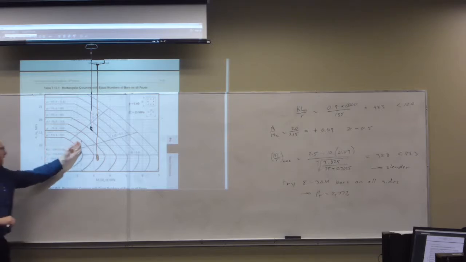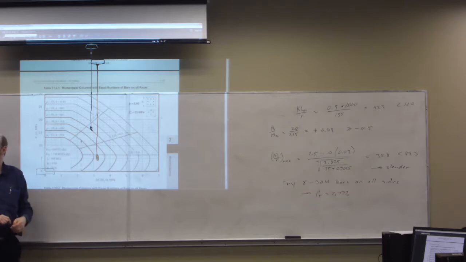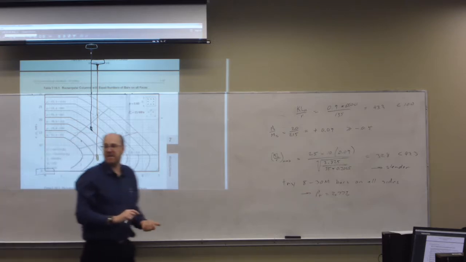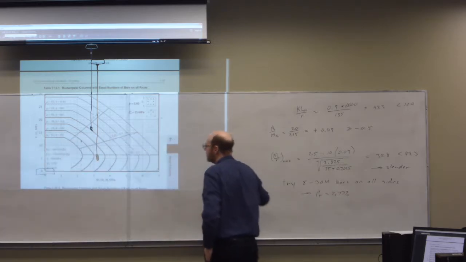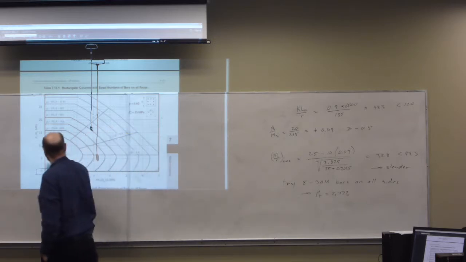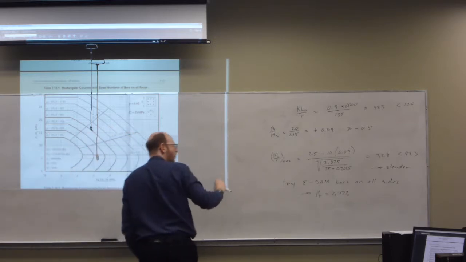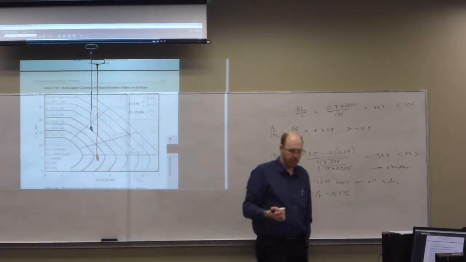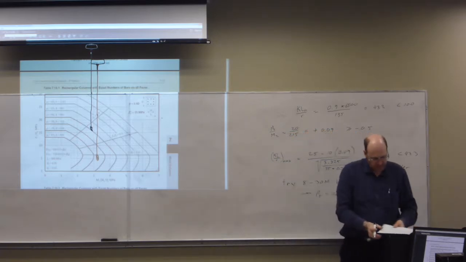If I have more moment, I'm going to need more reinforcing. So it's a guess at this point. You'll see in this particular example, even though we have overestimated, it's not going to work out for us, and we're actually going to have to iterate this process.